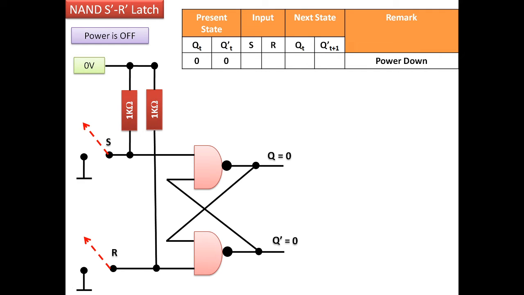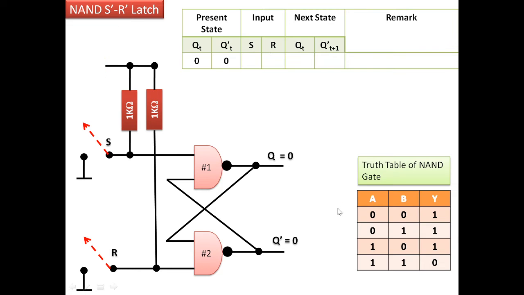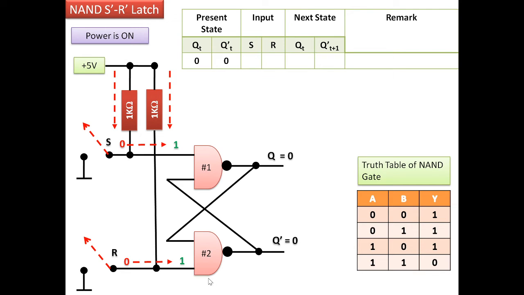To understand this, we will have to first understand what happens when this circuit is under power down condition. That means we have constructed the circuit, but the power is still off and it is at 0 volt. In this situation, the output is definitely 0, and whenever we switch on the power supply, the inputs S and R will now change to 1 and 1.